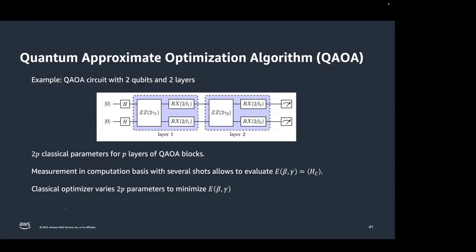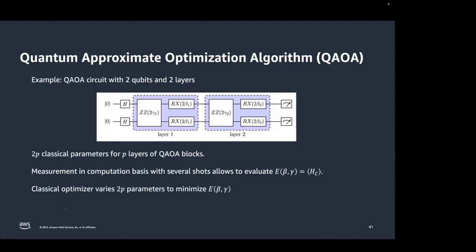Okay. Now, the idea here is that, of course, these quantum devices that we have available, all they do is just run the quantum circuit and give you some result at the output. They themselves do not work as an optimizer.